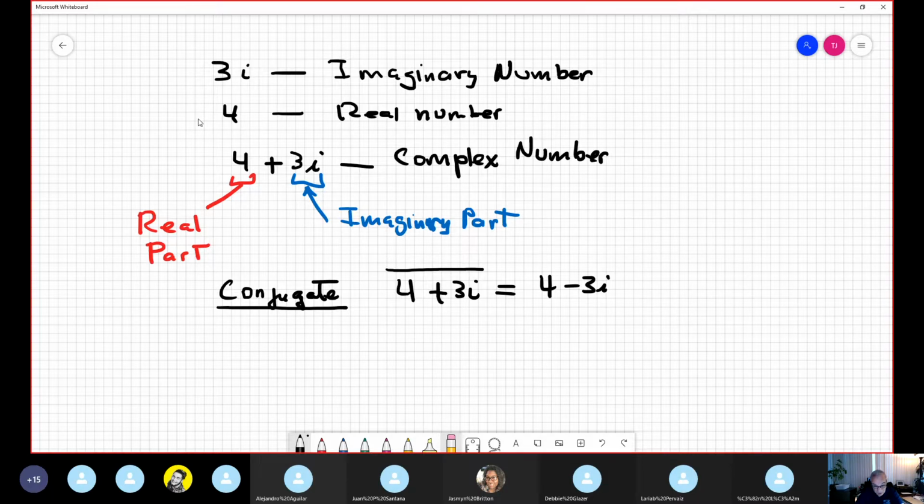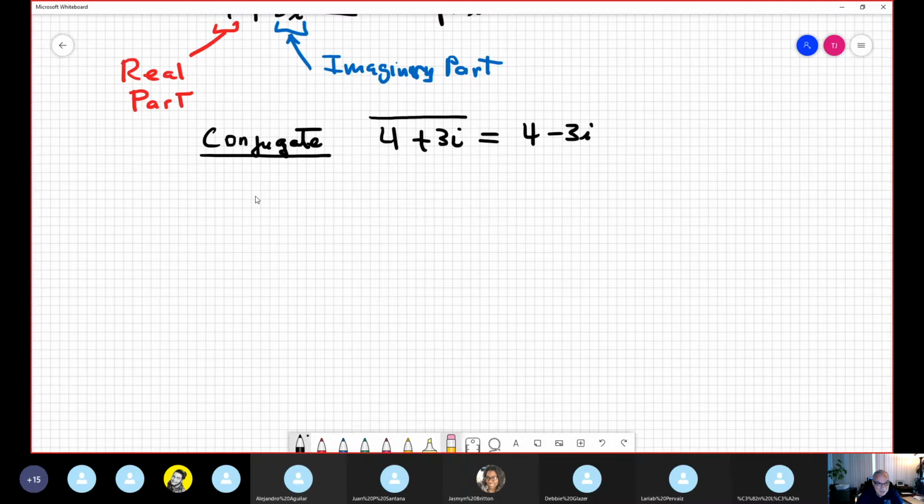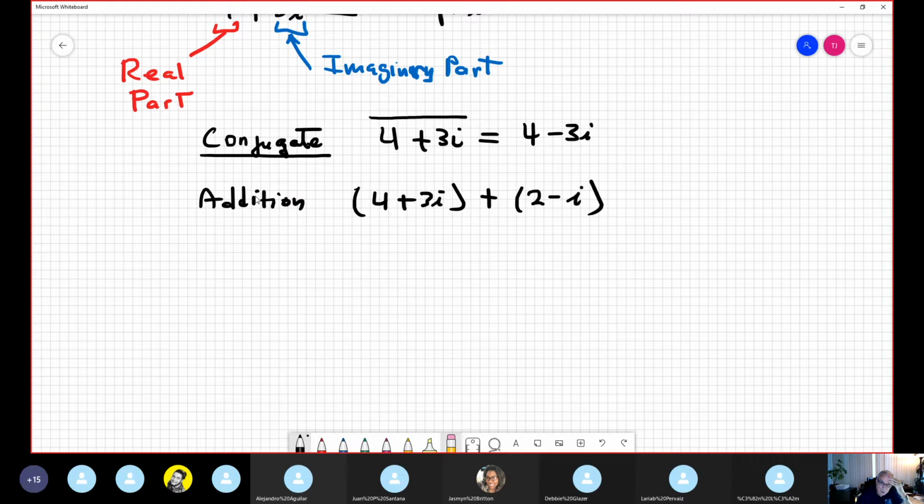Can you see the application in a few seconds? Let's move on to addition. Addition is super easy. You add two complex numbers. For example, you have the complex number 4 plus 3i again, plus another complex number, 2 minus i. Well, you remove the parentheses: 4 plus 3i plus 2 minus i.